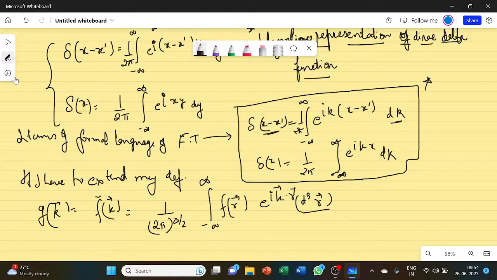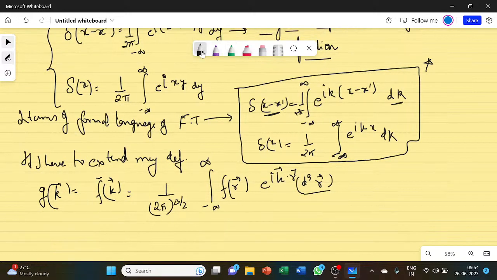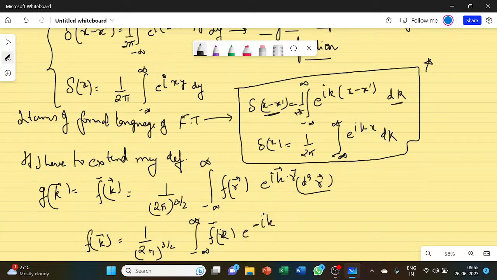And if I want to write the inverse Fourier transform for the above, I'll write f of r vector is simply 1 upon (2 pi) raised to power 3 by 2, integral from minus infinity to plus infinity f tilde of k, and then I'll write e raised to power minus iota k dot r vector d3 k.